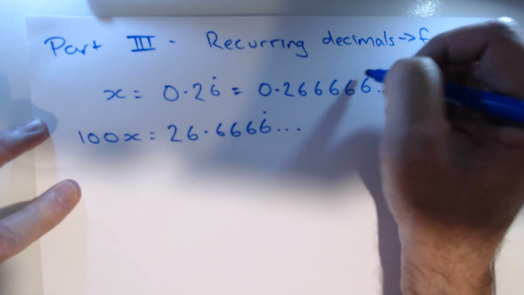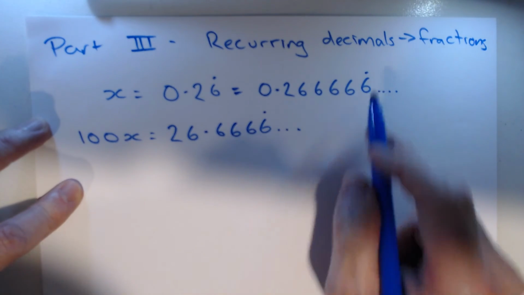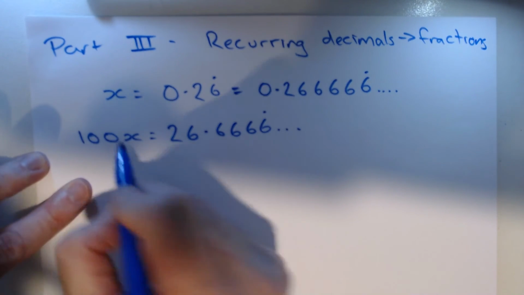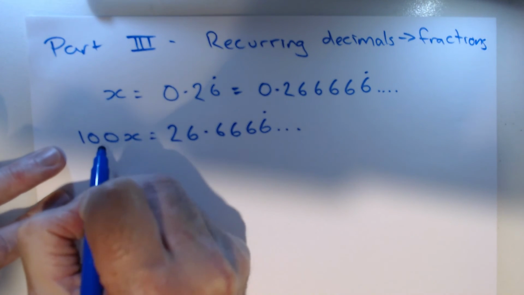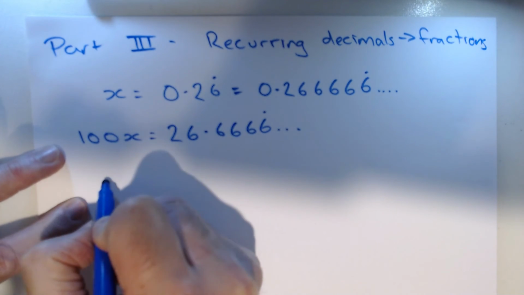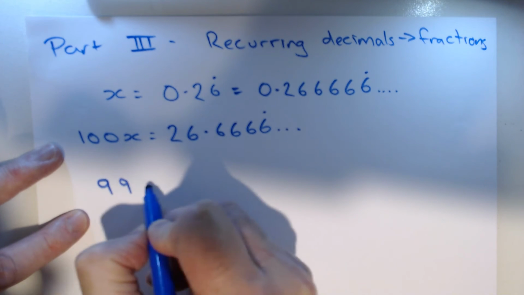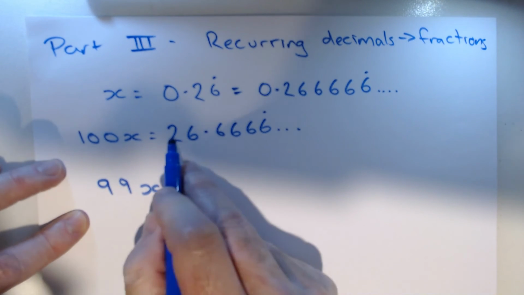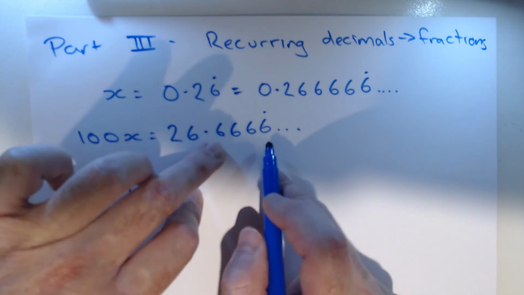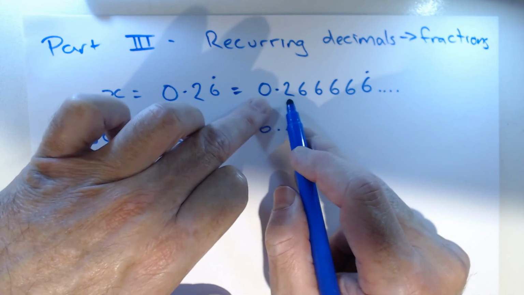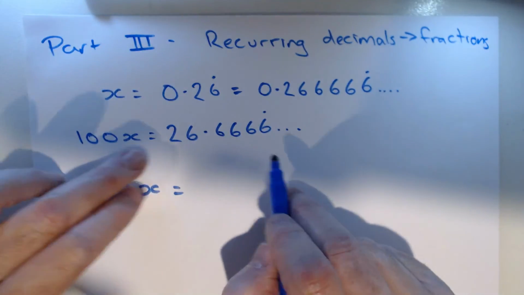You remember that we can shortcut that just by putting a dot over the top of the 6. If we subtract these two values, we end up with 100x minus x, and that's going to leave us with 99x. Over here on the right hand side of our equation, we've got 26.6 repeater minus 0.26 repeater.